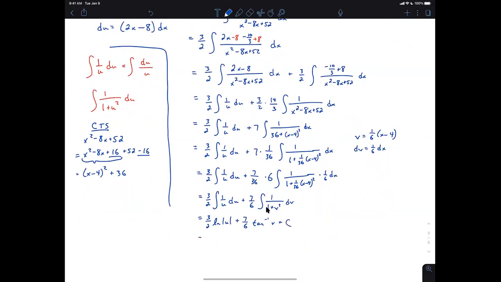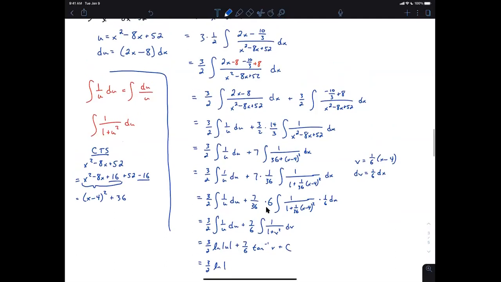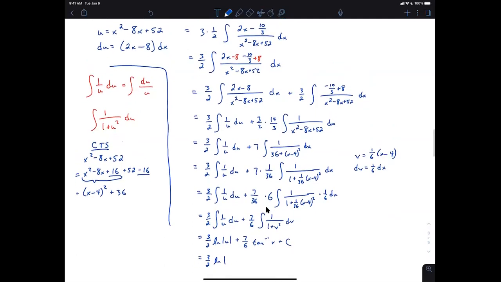u is x squared, u is way back up here, x squared minus 8x plus 52, so on the top left. And you could actually drop the absolute values if you wanted. I think WebAssign doesn't like that, so I'm going to keep them. But you could drop it because it's all positive: x squared minus 8x plus 52.